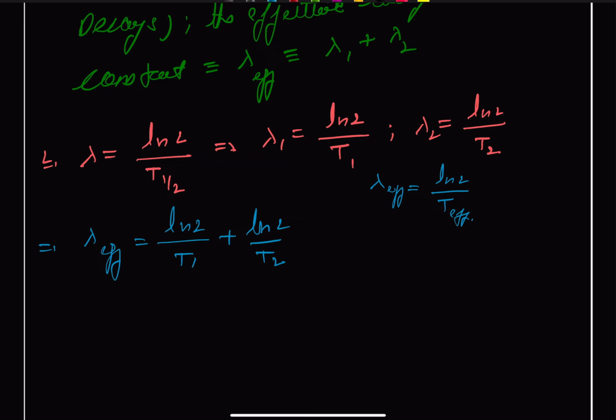And we need to find out our t effective. Therefore from here we can say that t effective will be equal to natural log of 2 divided by lambda effective.